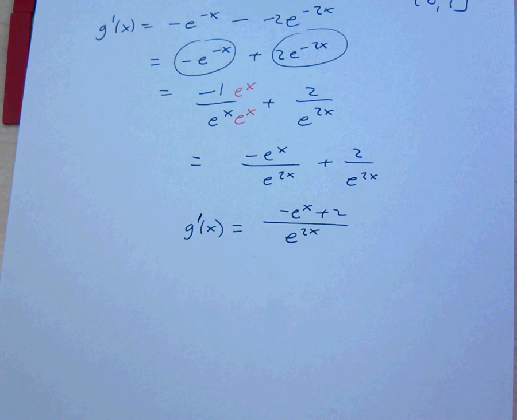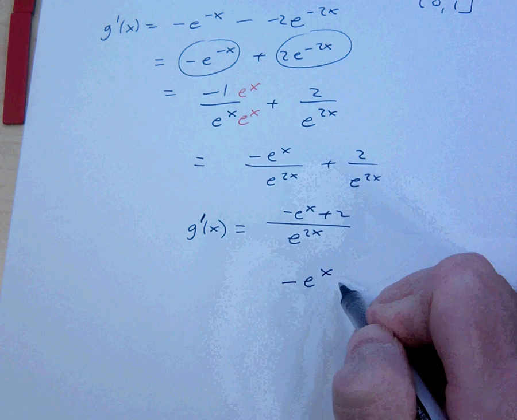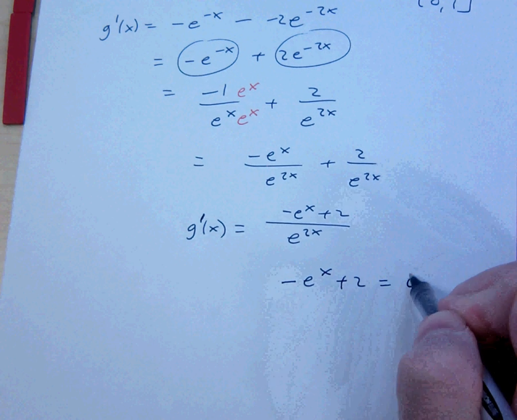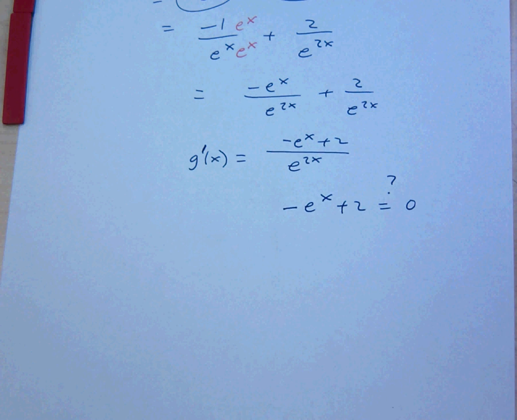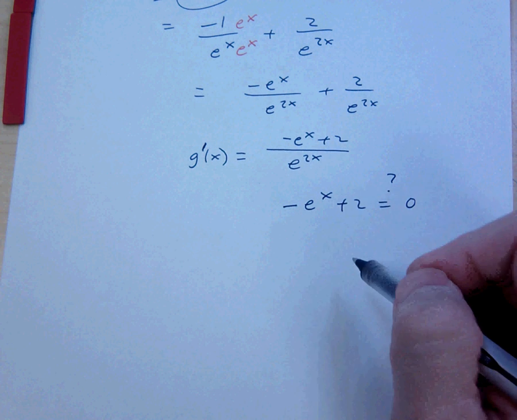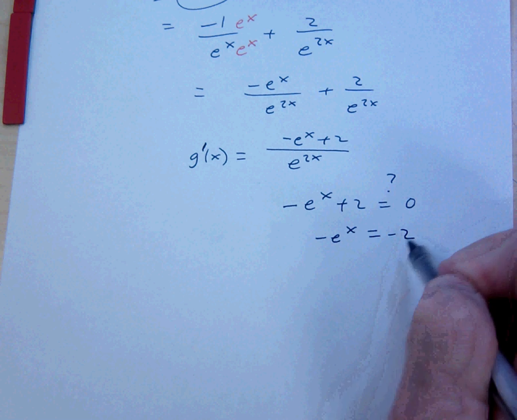Okay. When is this fraction going to be 0? When the numerator is 0. And so let's investigate that further. The question now is when is this going to equal 0, right? Okay, so all you got to do now is solve it algebraically. Ready? So I'm going to subtract 2 from both sides, get rid of the negatives.